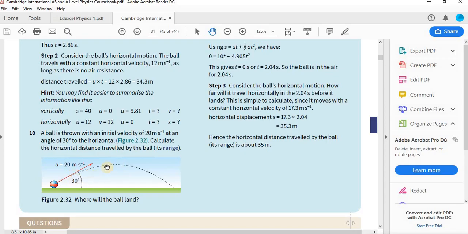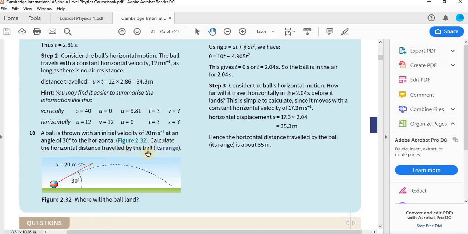So this is, I think, a little bit more complicated compared to the questions that you have done so far, because here we have to consider the vertical component as well as the horizontal component separately. A ball is thrown with an initial velocity of 20 meters per second at an angle of 30 degrees to the horizontal. Calculate the horizontal distance traveled by the ball, its range.